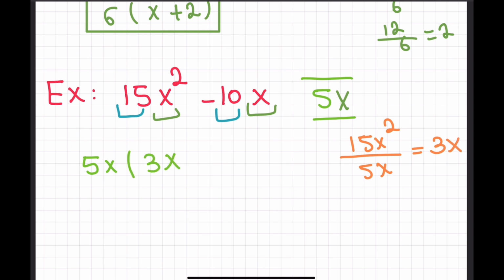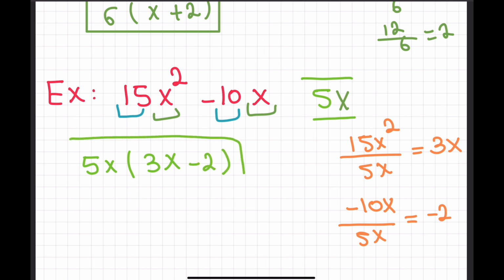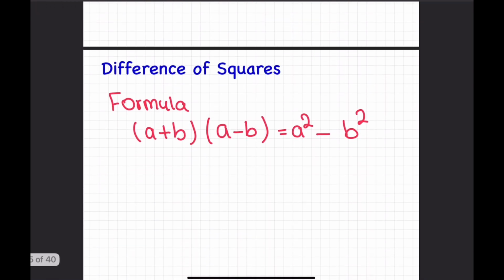And here I have minus 10x, also divided by the factor 5x. Minus 10 divided by 5 is minus 2, and x divided by x cancels out. So it's going to be minus 2. And this is the factored form of the second example.